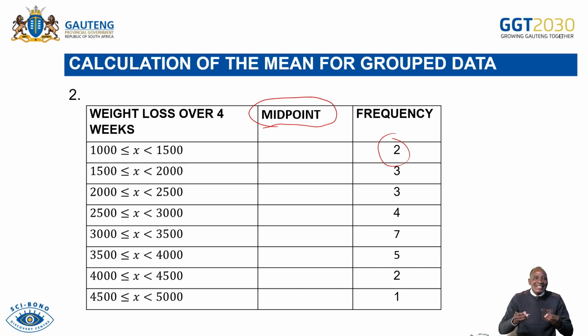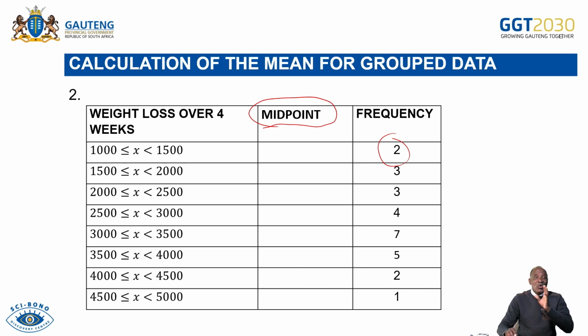So in statistics, when we are dealing with grouped data, we have to locate a value or a number that is in the middle of our lower and upper boundary. We locate a number that is in the middle of our lower limit and upper limit. So in this case, we're going to take our calculators.